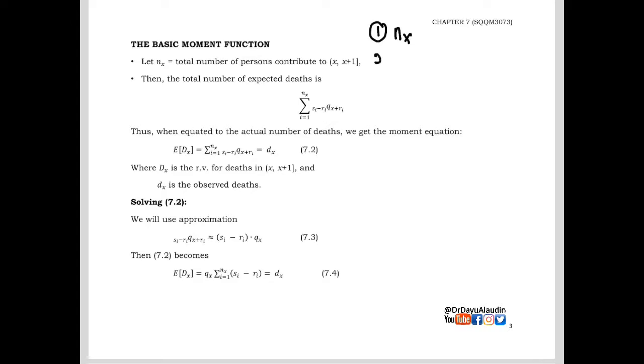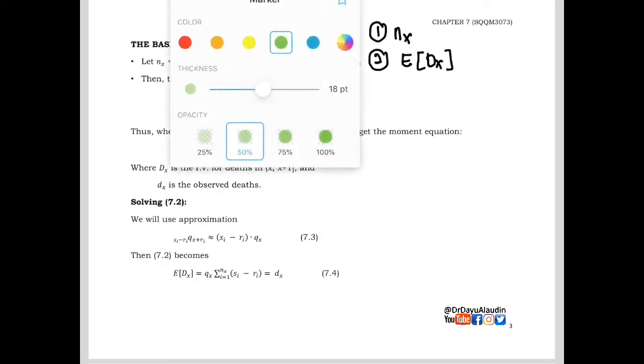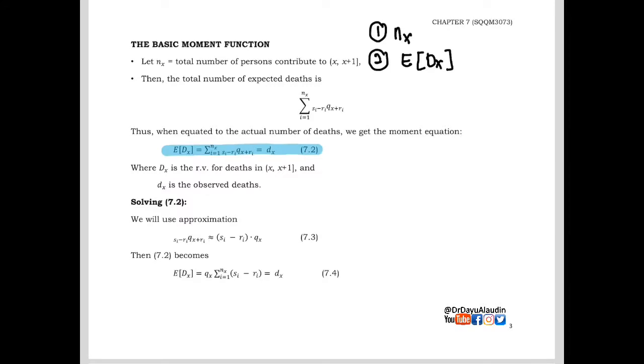The second one is the expected number of deaths. You can find the expected number of deaths in equation 7.2, where the expected number of deaths is the summation of the probability of death from x plus RI, for t equal to SI minus RI.